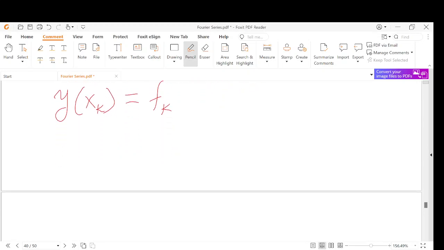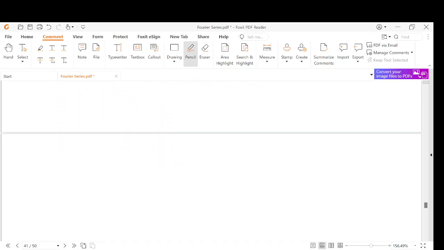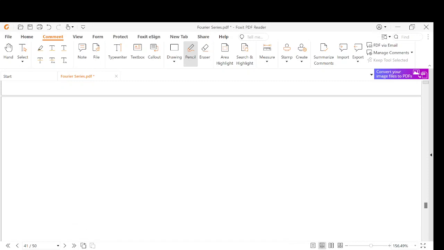Now, this function can be expressed as y of x is equal to the sum from k equals 1 to n of lk, a function of x, multiplied by fk, where fk is the value of the function when x is equal to xk.